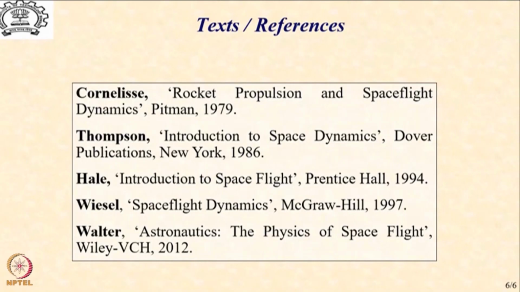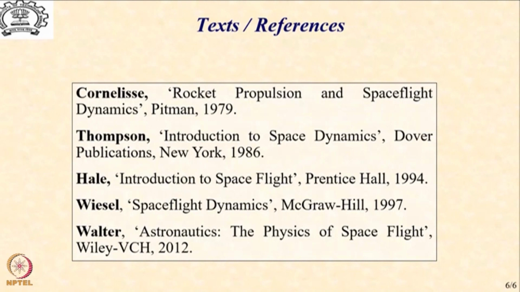Of course, you're going to watch the videos, which will become the main content of the course. But in case you would like to read additional material, the following 5 books I have found to be fairly easy to read and follow, and also quite exhaustive in terms of the discussion and the material provided.